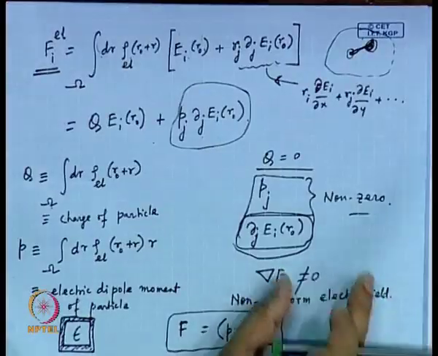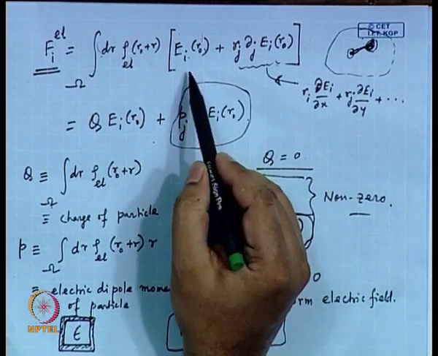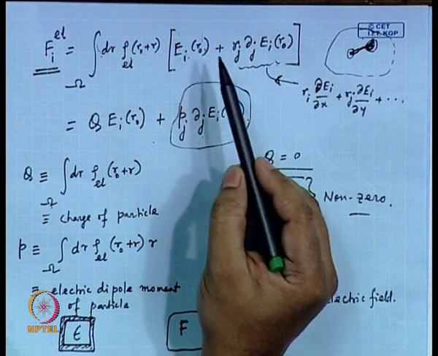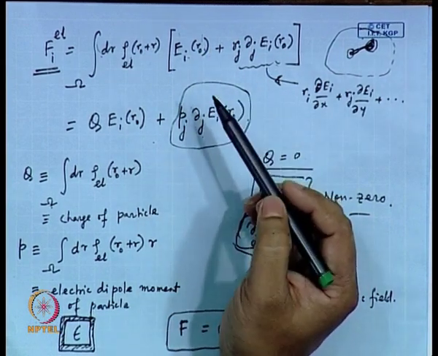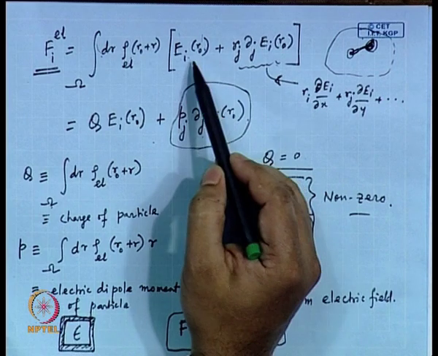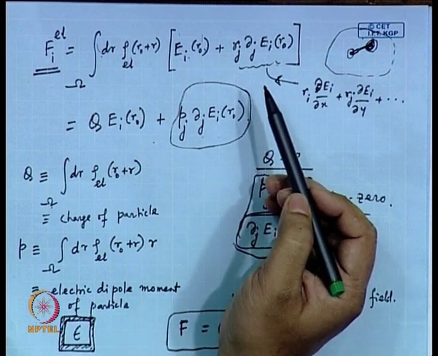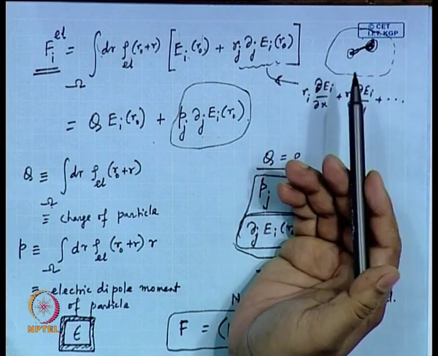Now, what we did in the last class was expand this, the electric field E, using Taylor series, and we have taken only the first order terms, not the terms beyond first order.